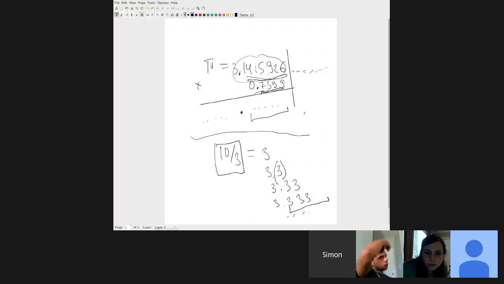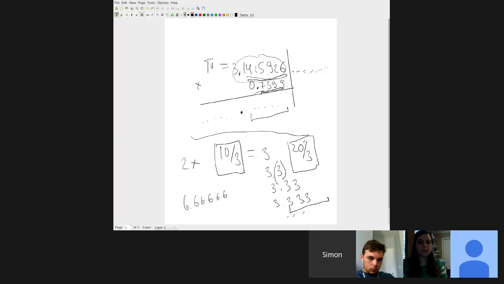Then, if we want to multiply this number by 2, instead of doing 3.3333 multiplied by 2 to get another infinitely long number, 6.6666, we deal with another number represented as 20 over 3.